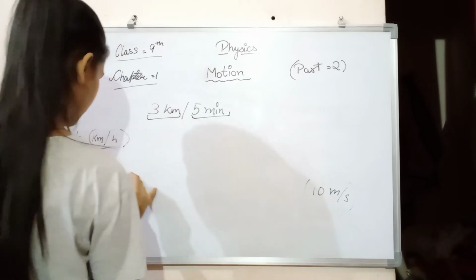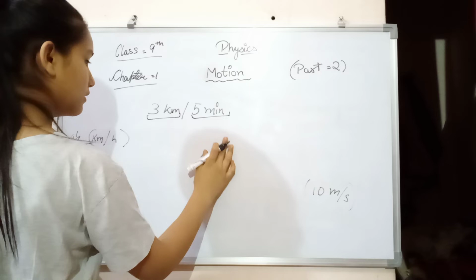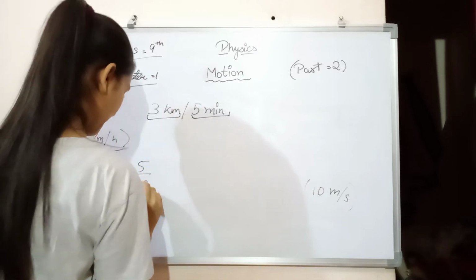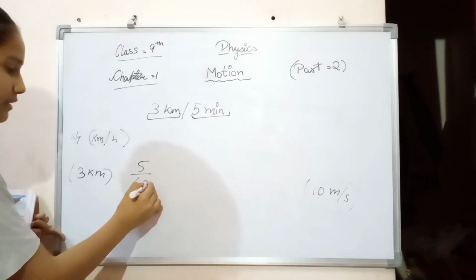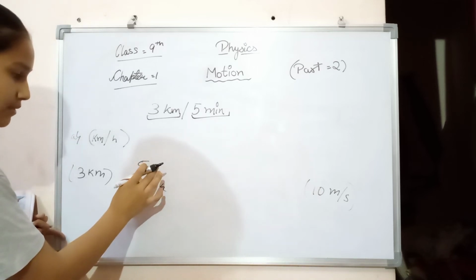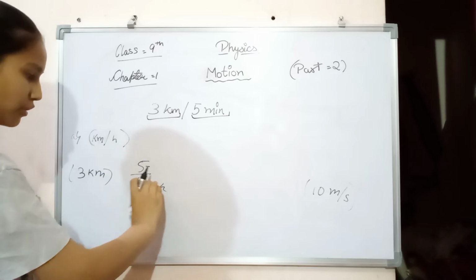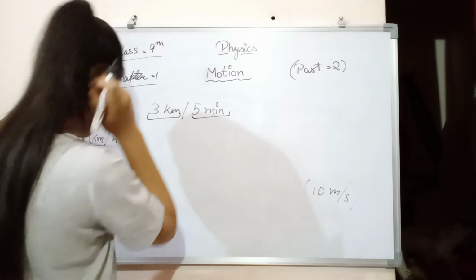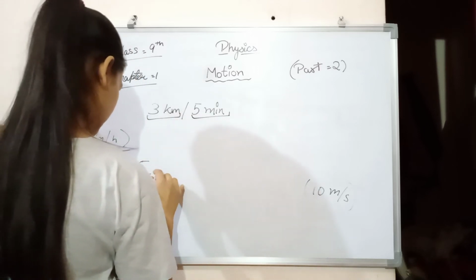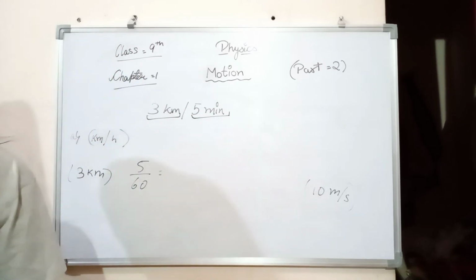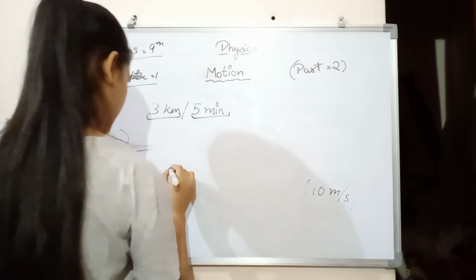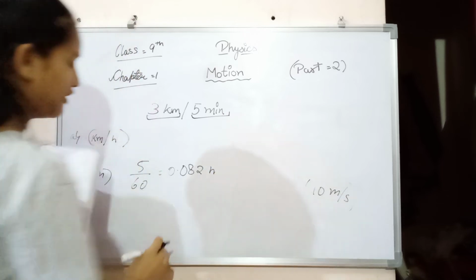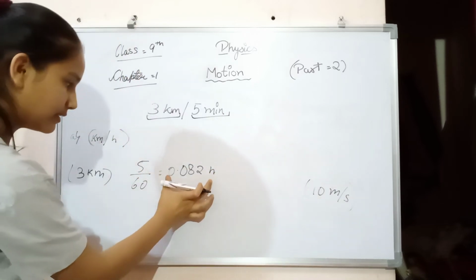Now convert 5 minutes into hours. Now this will be 5 upon 60, because 60 denotes hours and this is minutes. If we calculate this, we get 0.082 hours.